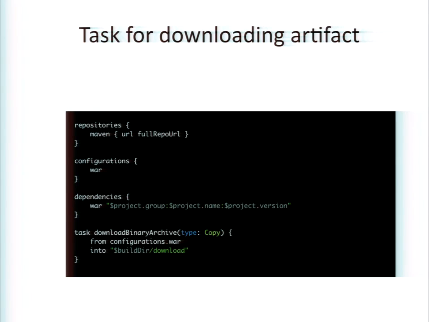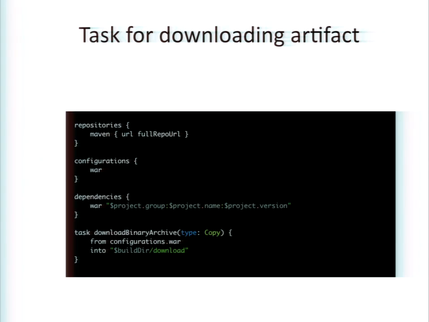So first of all, how do we download in Gradle from a repository? We can use the regular Gradle dependency management to download the war file that we want to test from Artifactory. So here are details. We need to again provide that Maven repository. We already have stored the URL in a variable so that we can easily reuse. We do a regular dependency declaration on our own war. And then downloading in Gradle is as easy as copying.